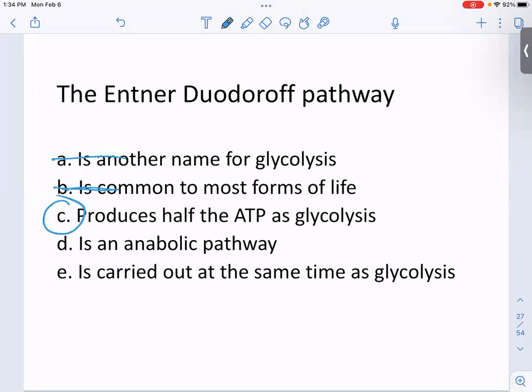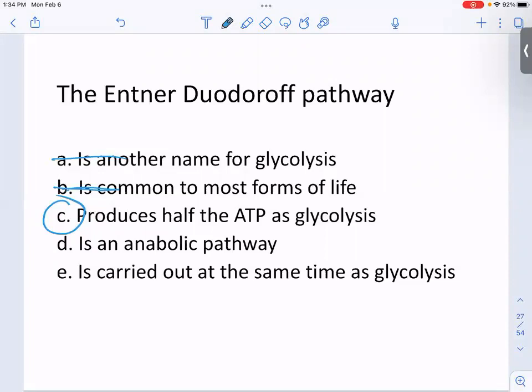Is it an anabolic pathway? No, we're still getting ATP out of it. So that's a tip that it's a catabolic pathway. It's breaking molecules down, not building molecules up. Is it carried out at the same time as glycolysis?